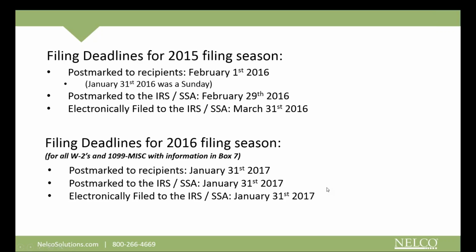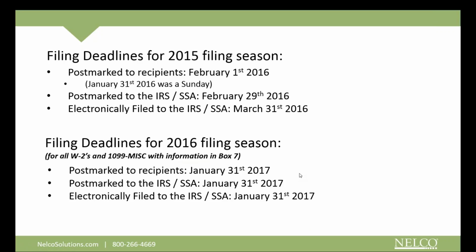So if you have information in Box 7 on your 1099 miscellaneouses, you need to make sure this full process, both postmarked to the recipients and sent to the IRS, is completed by January 31st. State deadlines do vary. However, if you're already doing the recipients and the IRS, I would highly suggest you just complete your filing to the state and be done with it. One quick note on electronic filing to the IRS and the SSA: the threshold is 250. If you are filing more than 250 1099s, you need to file electronically to the IRS.